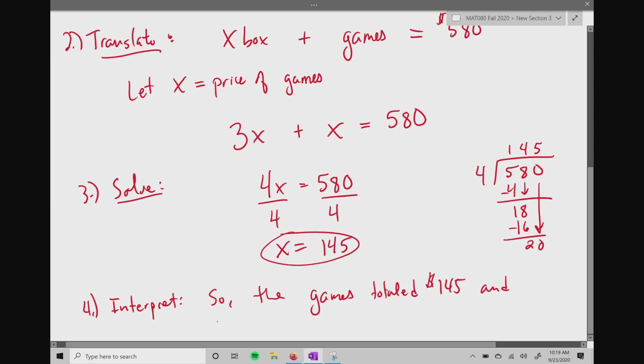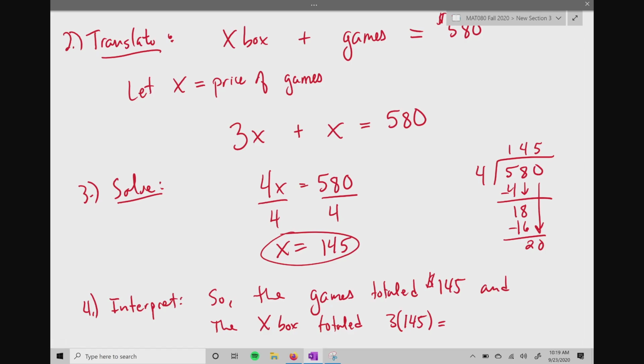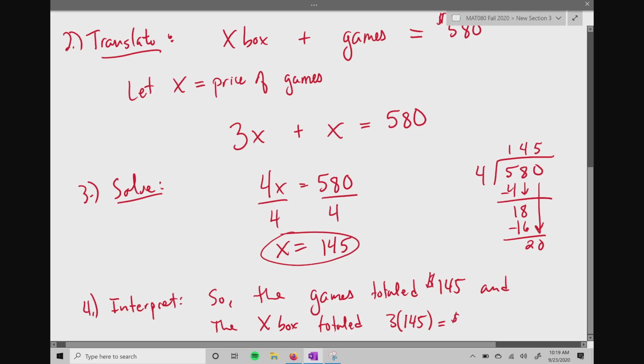And the Xbox totaled 3 times 145. And what is 3 times 145? $435.